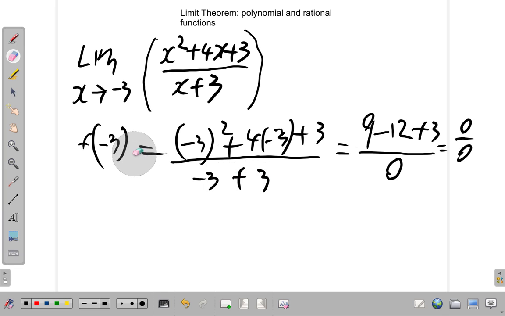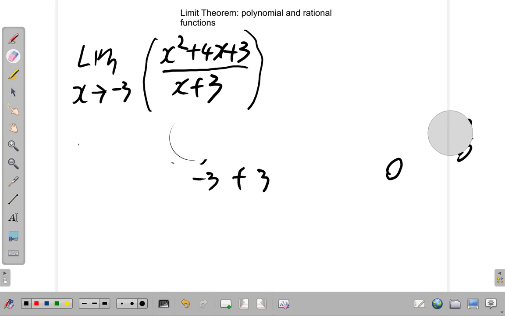How do you deal with this situation? Now, if you remember how to deal with quadratic expressions, one of the ways that you could deal with this up here is to factorize.